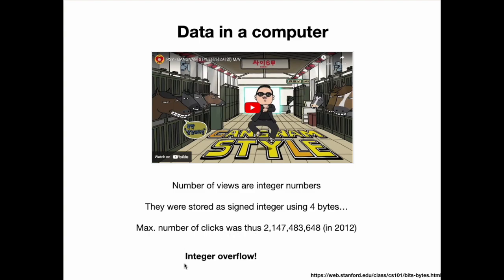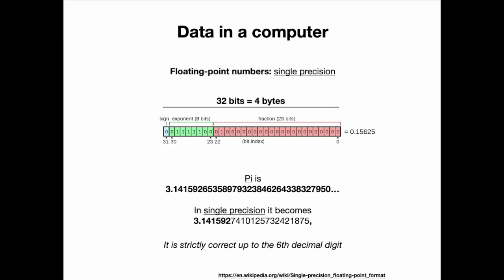That's what is called an integer overflow. So the number of views could not be represented anymore by using 4 bytes to represent this integer number. So be careful with integer and the representation of integers in a computer.